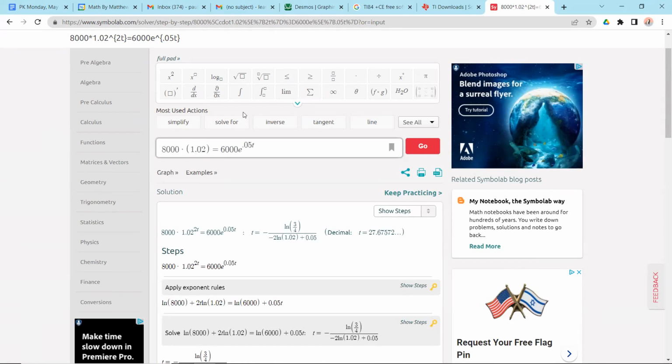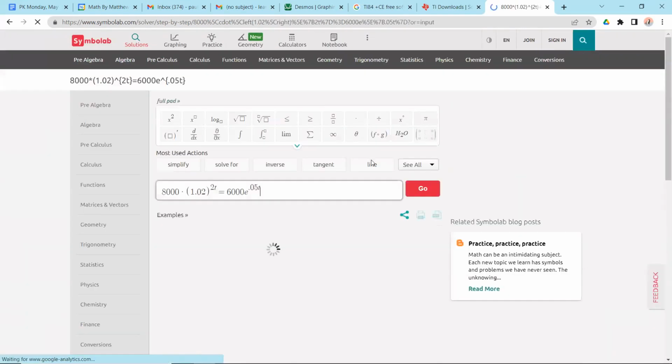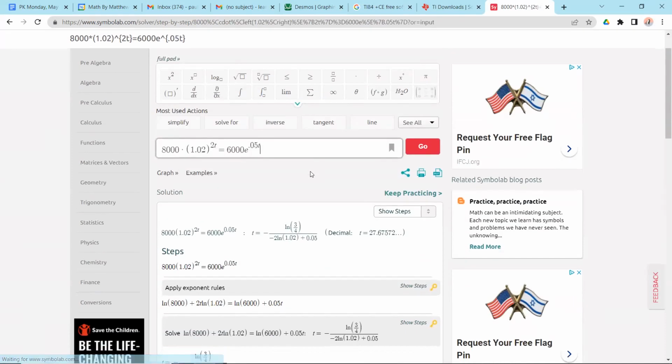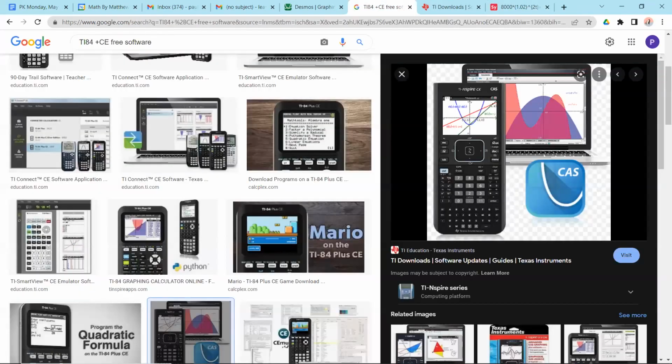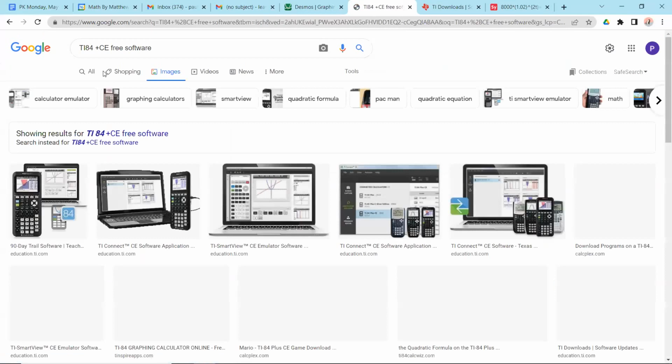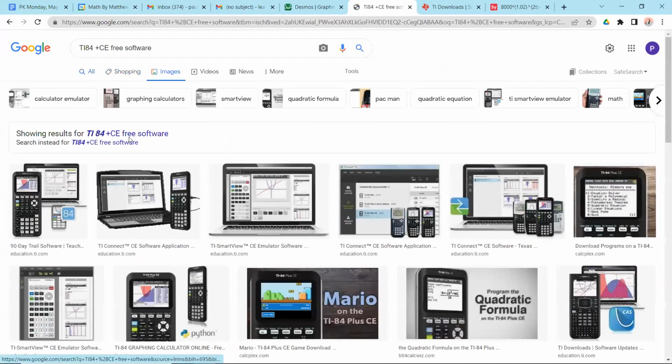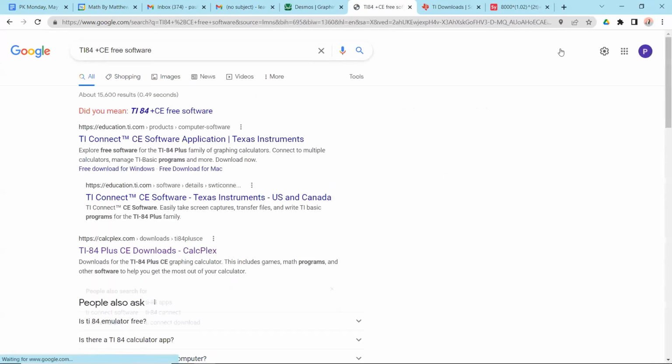Can you show how to use the graphing calculator to find that? I think that's where I'm confused. I would need to be next to you. I'm trying to find free software, maybe I can find it for your specific calculator, you know what I mean?